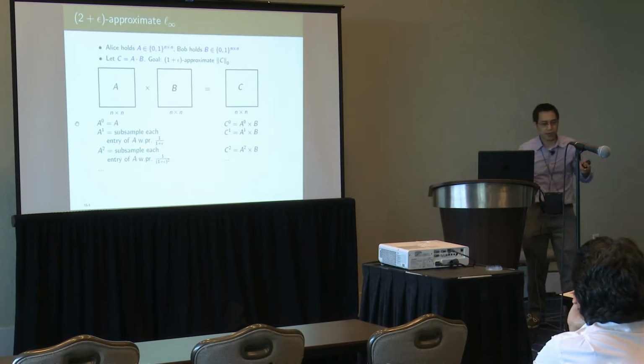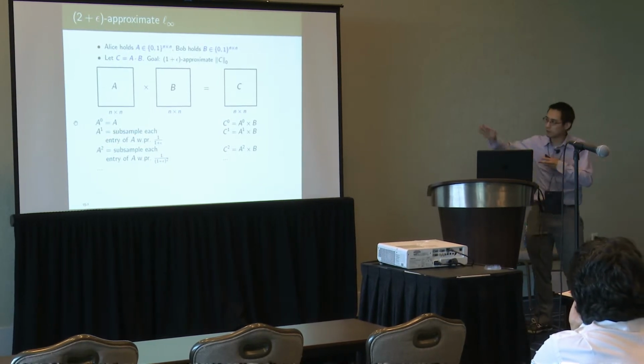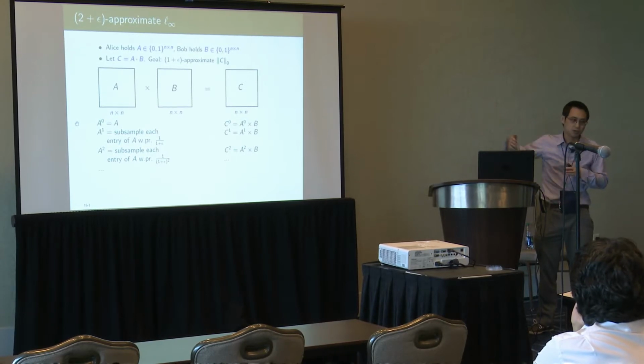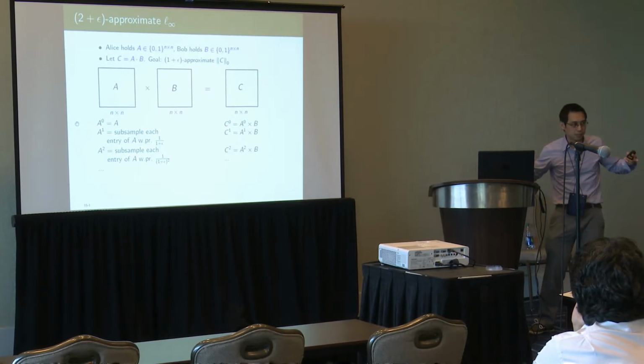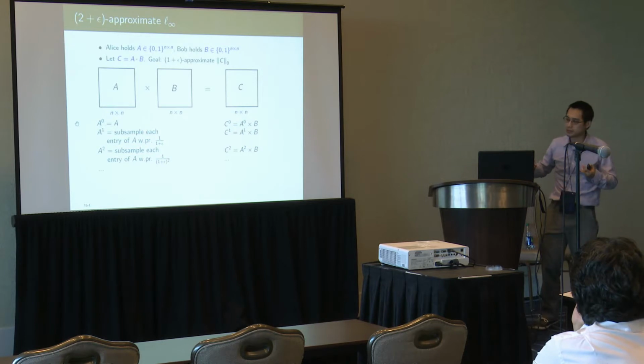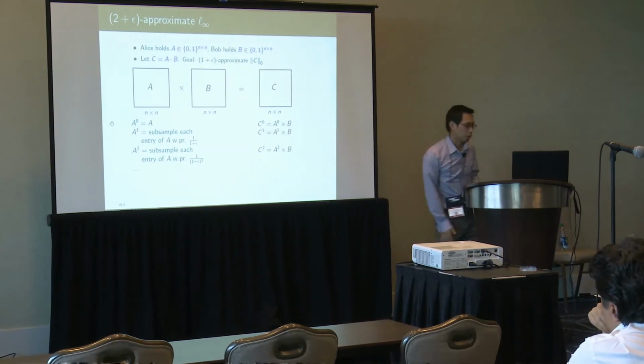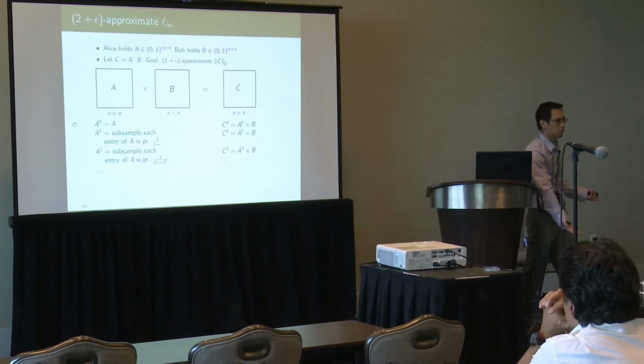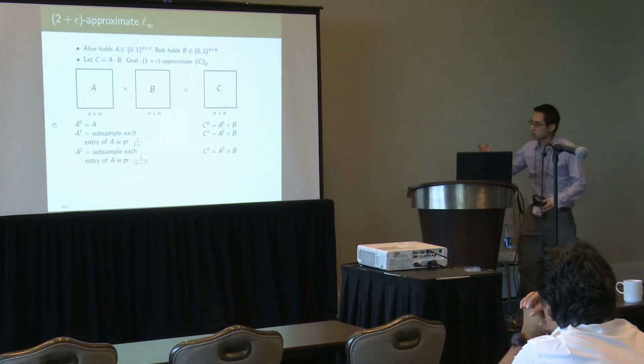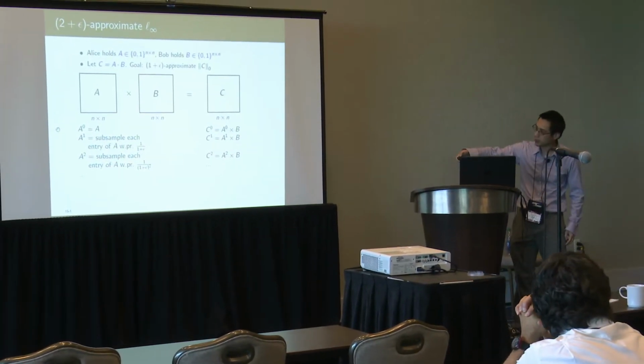If C is very sparse, then we can recover the entries of C exactly. If it's dense, then there is a problem. So we try to subsample C, but we cannot subsample C directly because C is a product we don't know, so we instead sample A.